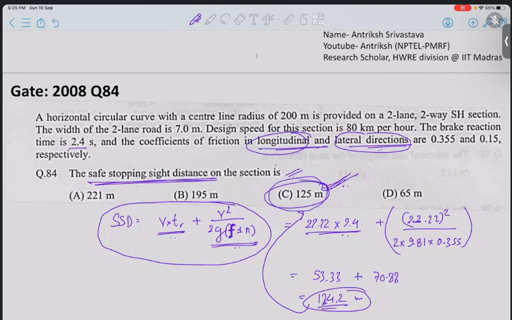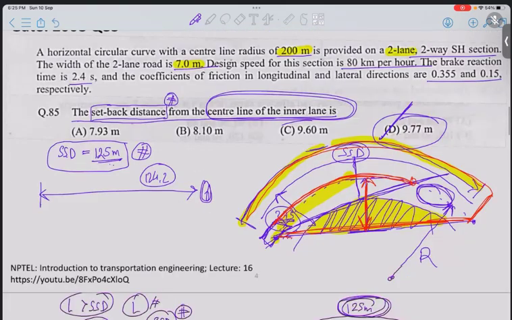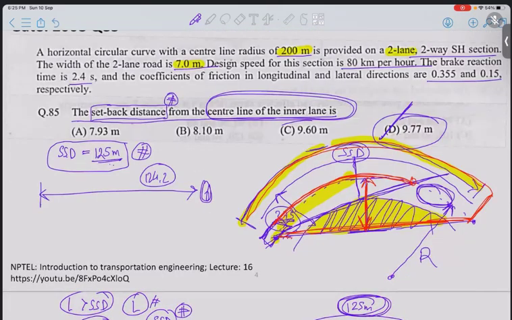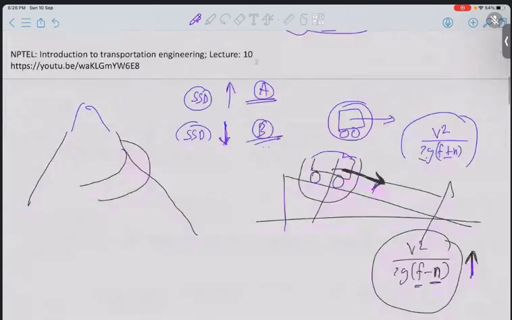Then I suggested that now that you have selected stopping sight distance 125, for the second question you use the option that you have selected in the first part.